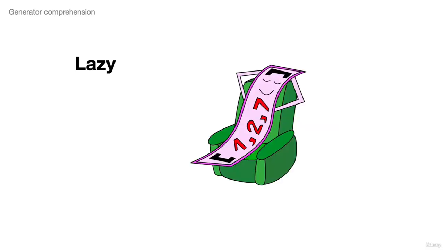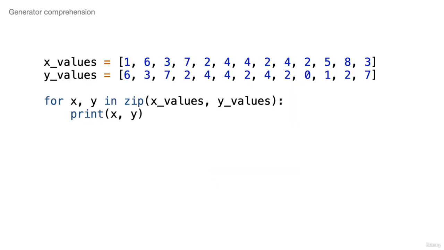The first thing to know is that generators are lazy. What does that mean? You have already worked with lazy objects in this course. The reverse iterator was a lazy object, and the zip function too. One of the key features of lazy objects is that they only generate elements on request. Look at this code.